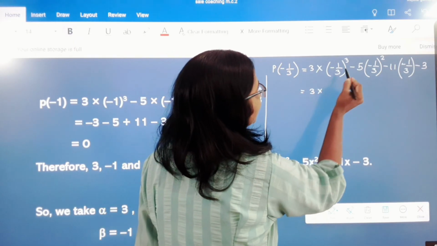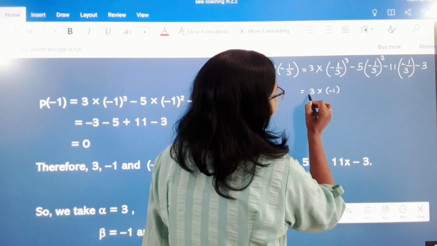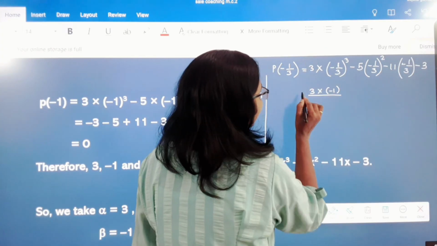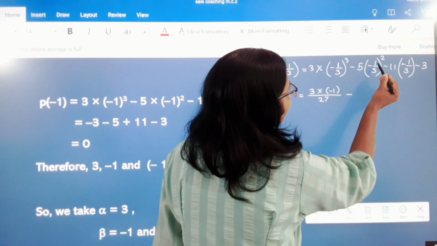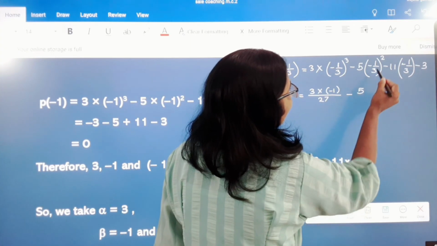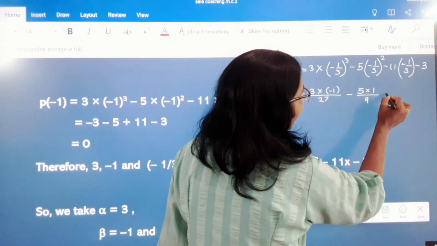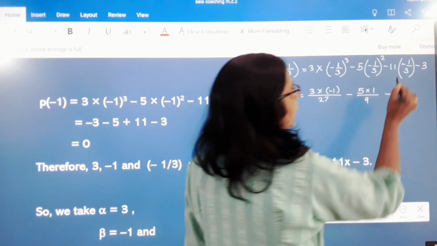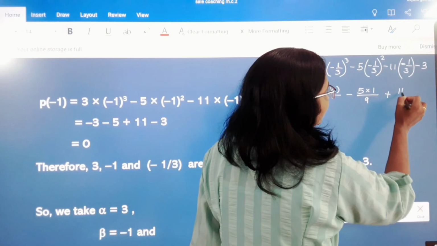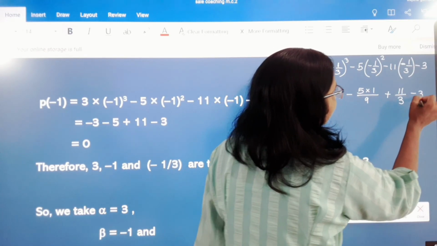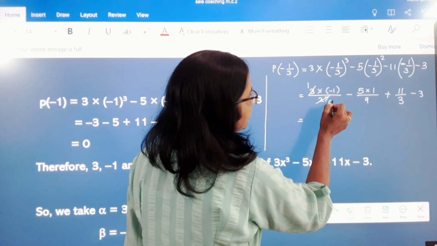Then 3 multiplied by cube of minus 1, that means minus 1, and cube of 3 is equal to 27. Then minus, here square of minus 1 by 3 will be 1 upon 9. And here minus, there are two signs, minus minus, so it becomes positive. So 11 upon 3 minus 3. So 3 nines are 27.